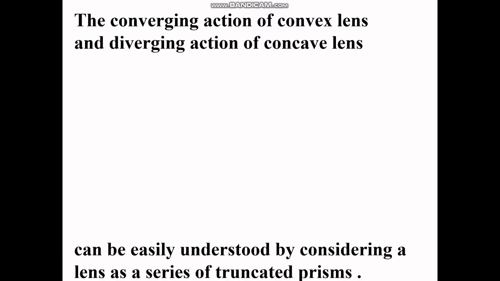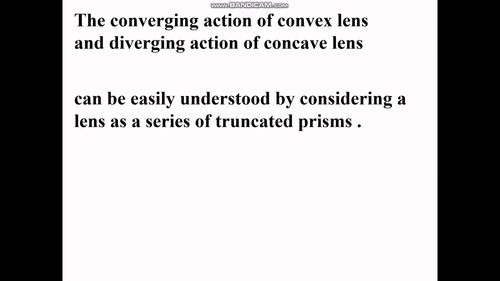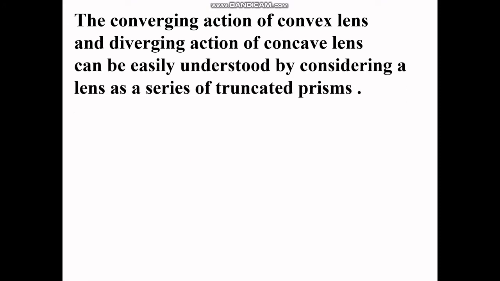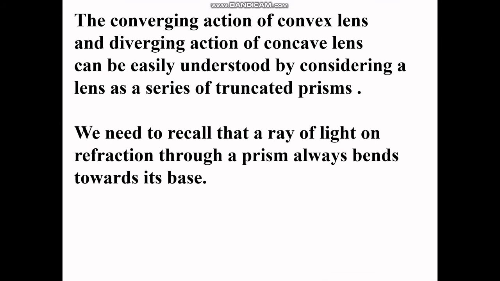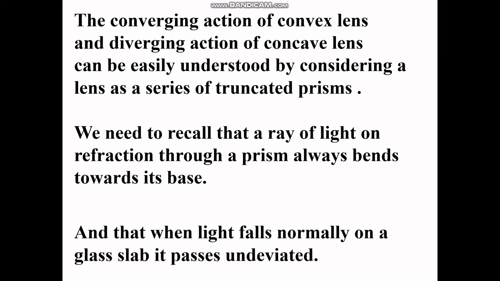Now the converging action of convex lens and diverging action of concave lens can be easily understood by considering a lens as a series of truncated prisms. But before that, we need to recall that a ray of light on refraction through a prism bends towards its base.